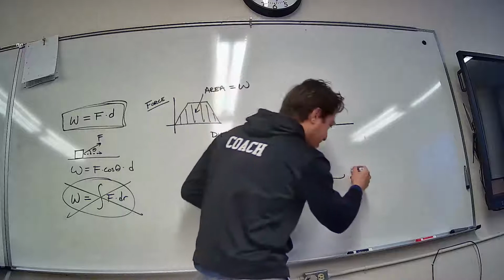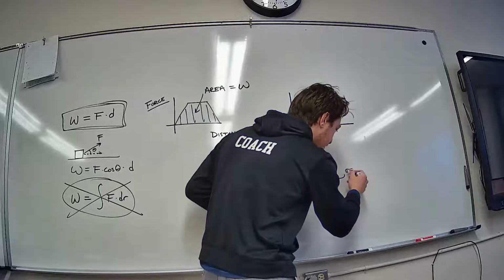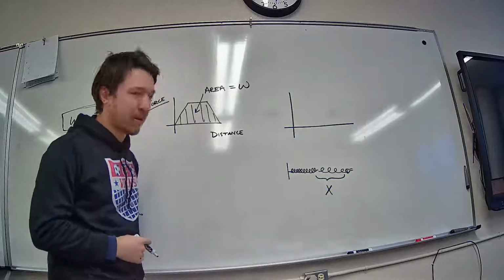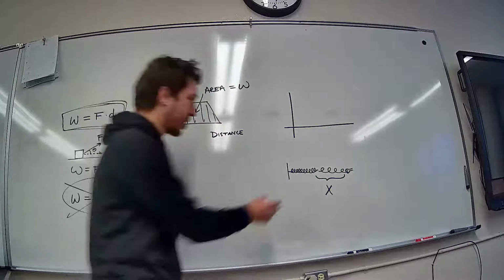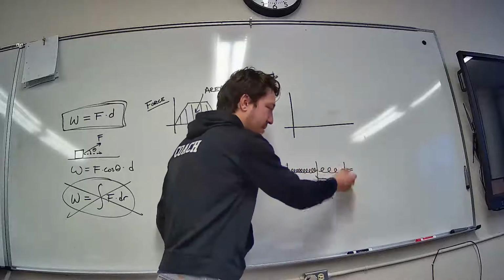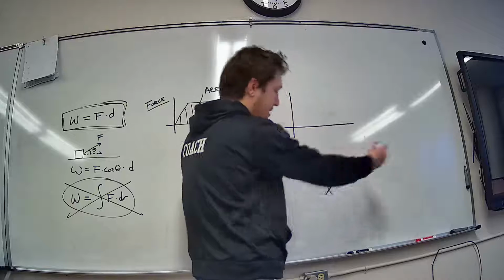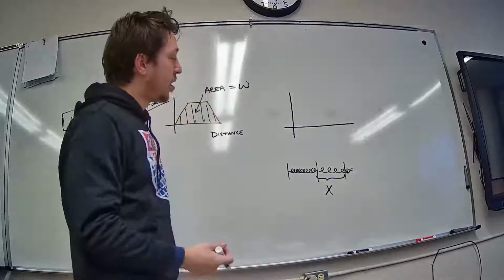Okay. So here's your hand, I guess. It's not the best drawing, but hopefully that gets the point across, right? The spring used to be this long, now it's this long. Makes sense? Okay. So this distance, the amount you stretched it, we're going to call that x.